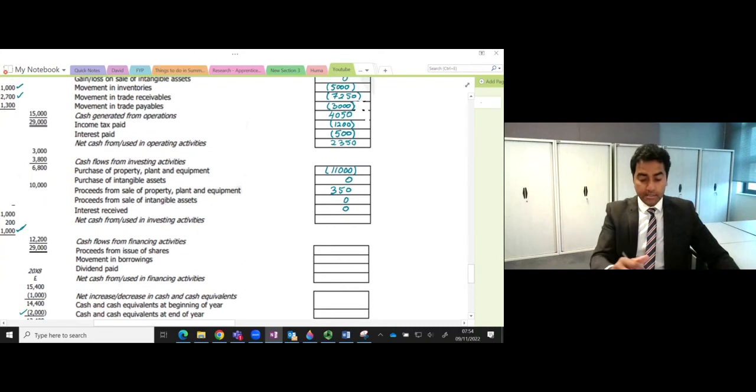Now I'm going to add the total of cash from investing activities, to work out net cash from investing activities. So £11,000 take away 350 is 10,650. Negative figure.